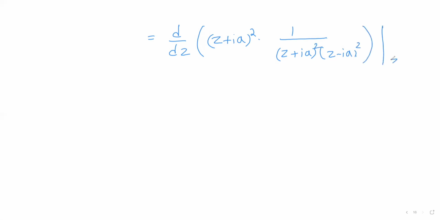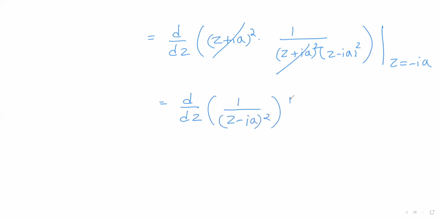So now it is equal to differentiation of (z + ia)² into 1 divided by (z² + a²)², where z² + a² is factorized as (z + ia)(z − ia), squared, at z = −ia. So this factor gets cancelled. So we are left with just the differentiation of 1 divided by (z − ia)² at z = −ia.